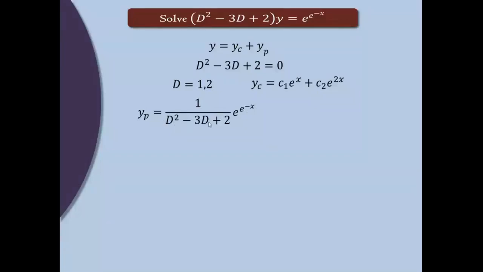But we know the factors of this. Factors are d minus 1 and d minus 2. So we can write this in terms of factors: 1 upon d minus 1 into 1 upon d minus 2, applied on e raised to minus x. And now we can use any method to simplify it.